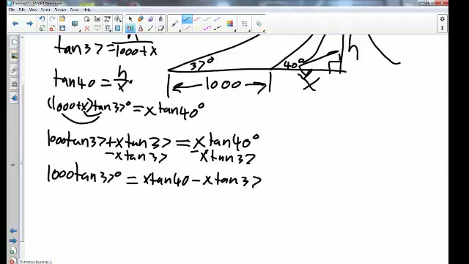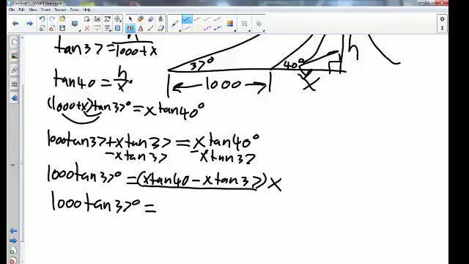And we want to solve for x, right? So we're just going to pull x out as the greatest common factor. So you have 1,000 tan 37 degrees is equal to x times tan of 40 minus tan 37.